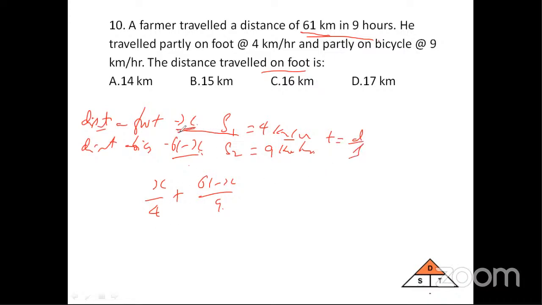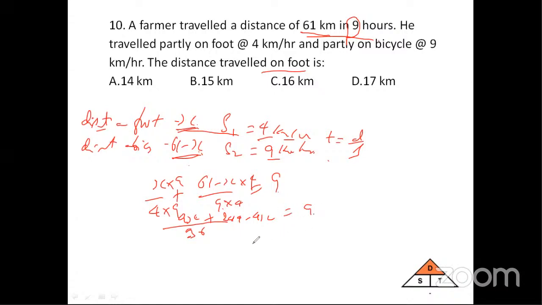T is equal to x by 4 plus 61 minus x divided by 9, is equal to the total time given, 9 hours. So you write is equal to 9. Now when we take LCM of 4 and 9, the LCM will be 36. To get 36, we have to multiply by 9, so the numerator also we multiply by 9. So this will be 9x plus 9 into 4, this into 4. So 4 6s are 244 minus 4x is equal to 9.